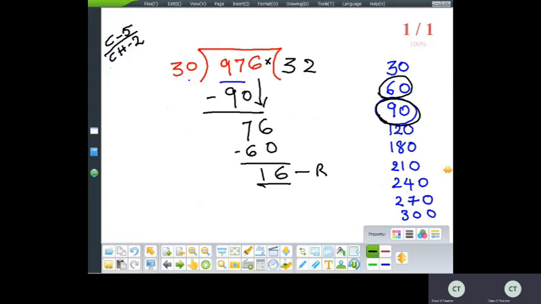So remaining, how many notebooks? You can see the question there. How many notebooks will remain? This is the remaining. Yes. First part of the question, how many notebooks does each one get? Each one is getting how many notebooks? 32. Yes.